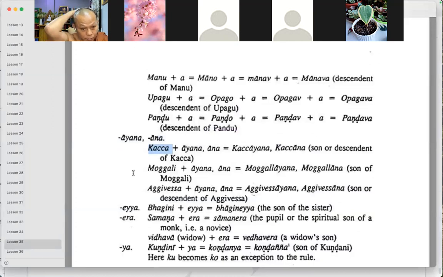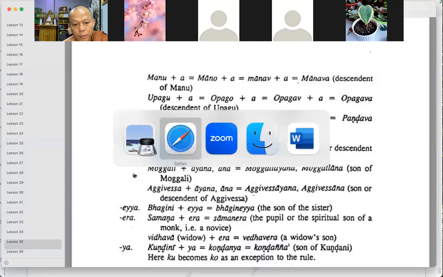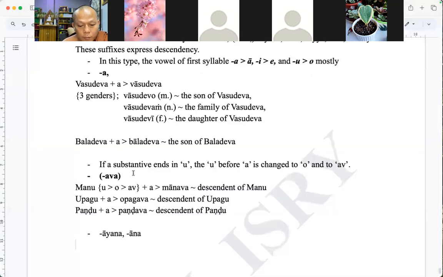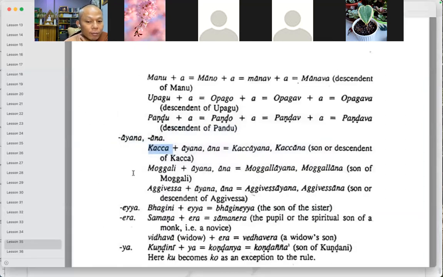Kitja. Kitja and the ayana or ana. So we have the kitja yana as well as the so kitjana in this way. This one also actually descendant of the son or descendant of the kitja.